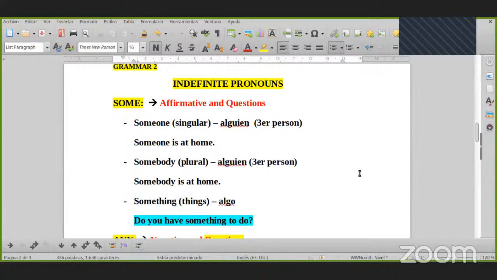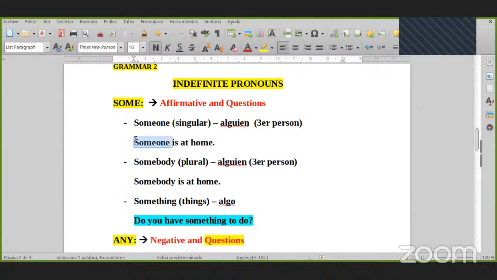Okay, this is some. What's the meaning of somebody is at home? Somebody is at home means alguien está en casa. And this is the same: someone is at home. But what is the difference between these? If I use someone, it means that I am referring to just one person.